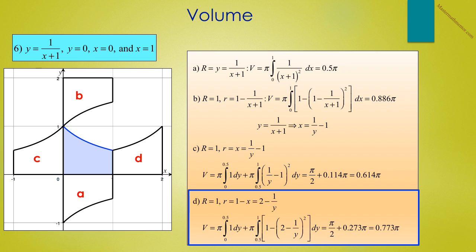Note that the mirror images across the respective lines, A, B, C, and D, all have equal areas to the original region in blue. However, when they are rotated around those lines, the volumes are not the same.